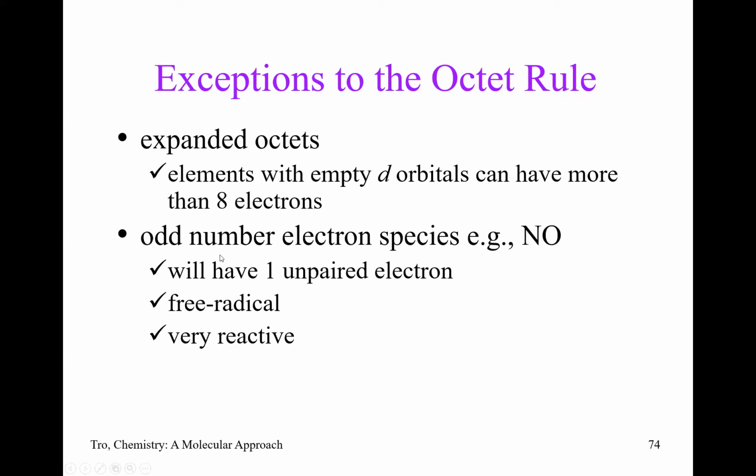The other exception is odd numbered electron species, which we'll cover in greater detail, and it'll make more sense when we finish up the next chapter. These things are really reactive. And you might see these if you're super into health and fitness and diet things, where they'll say taking different supplements to stop free radical damage in your body. It is true. So vitamin C is one of the classic things.